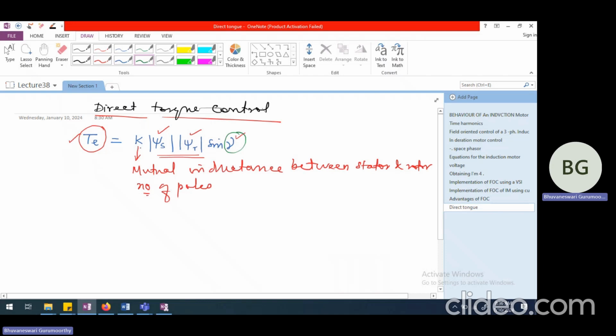But if we are really interested in adjusting both the flux values as well as the torque value, then we should be adjusting psi s, because psi s is the one which we can control directly.